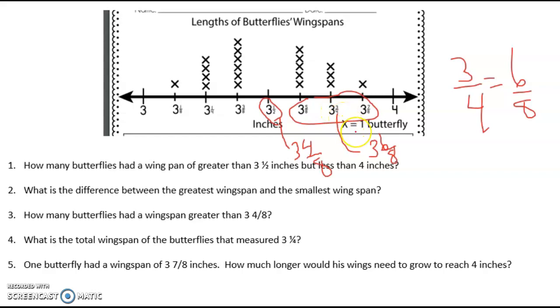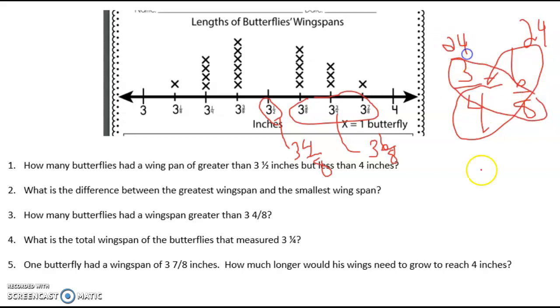Again, why don't they just put 6/8? They just want to make it more difficult for you. So we can prove that they're equivalent by cross multiplying. And they are. Okay? All right, so these little things make your line plots a little bit more difficult than your normal straightforward line plot.